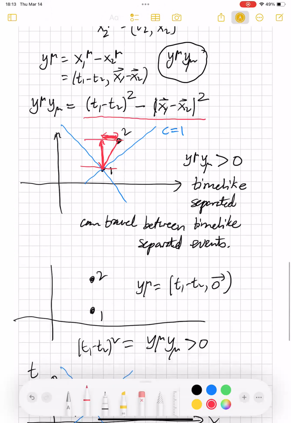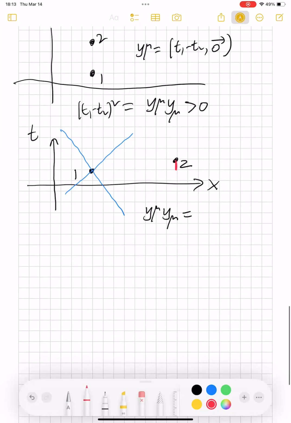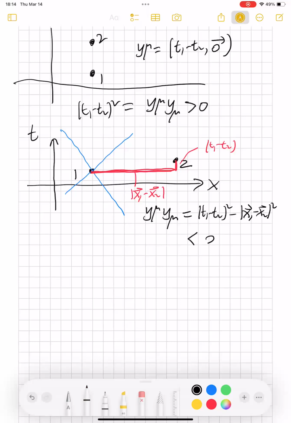Here is the time difference between the 2 points, and that's the space separation. So this little distance here tells you what t1 minus t2 is, and this much bigger distance tells you what x1 minus x2 is. So y mu, which is t1 minus t2 squared minus the mod of x1 minus x2 squared, is going to be less than naught, because the mod of x1 minus x2 is much bigger than t1 minus t2.